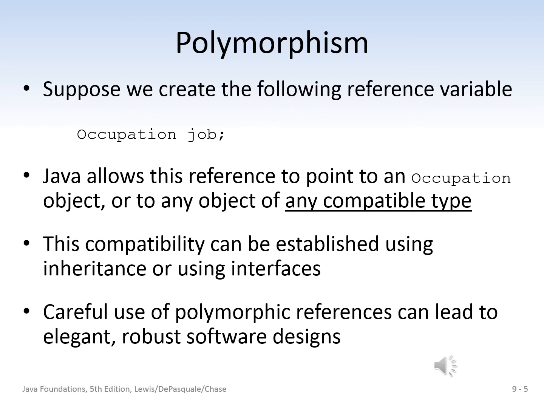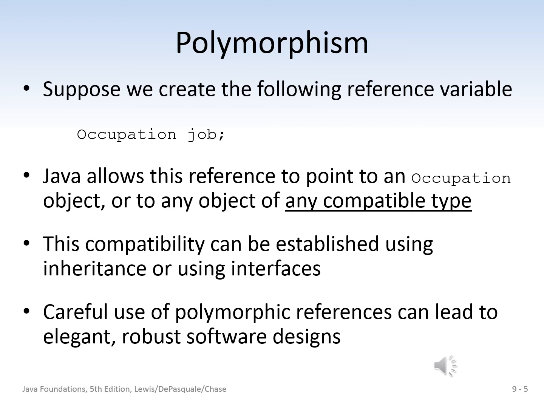Suppose we create the following reference variable: Occupation job. Obviously, Occupation is a class, so this is an object reference variable. Java allows this reference variable to point to an object of the Occupation class or to any object of any compatible type.